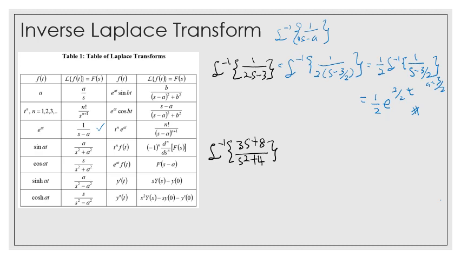So we can split. Since we don't have this type of pattern in the table, there must be another way to split this one. So it is equal to inverse Laplace of 3s over s squared plus 4, plus inverse Laplace of 8 over s squared plus 4.